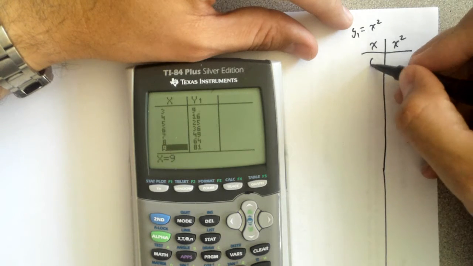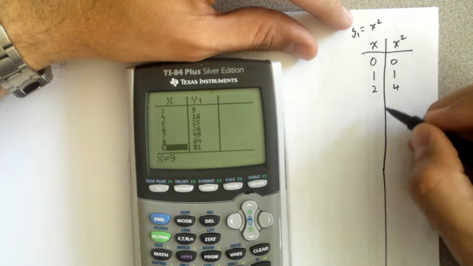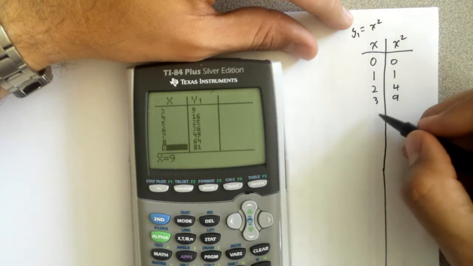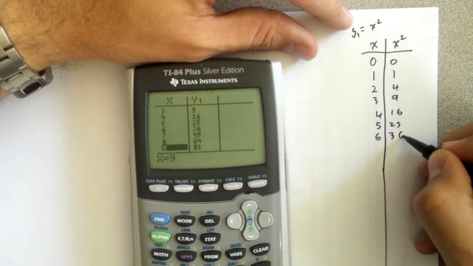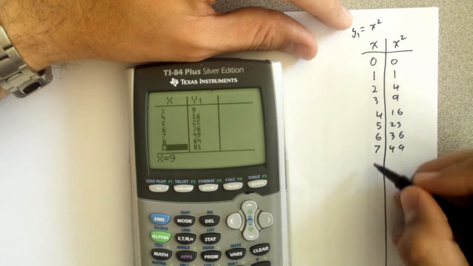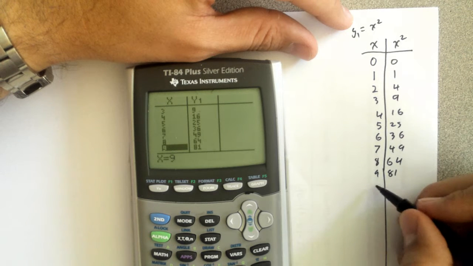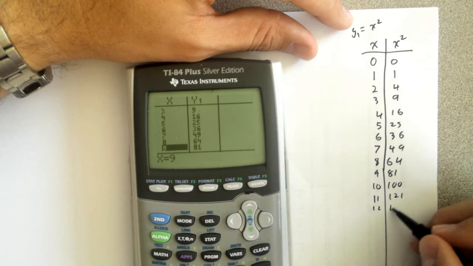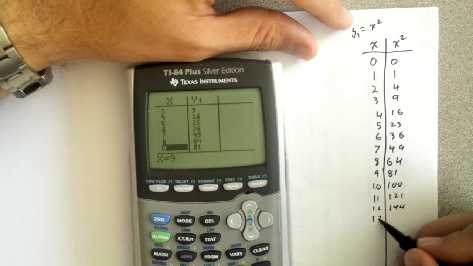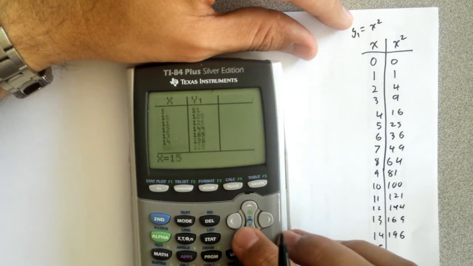So we're going to go 0, 0, 1, 1, 2, 4, 3, 9, 4, 16, 5, 25, 6, 36, 7, 49, 8, 64, 9, 81, 10, 100, 11, 121, 12, 144, 13, 169, 14, 196, 15, 225.